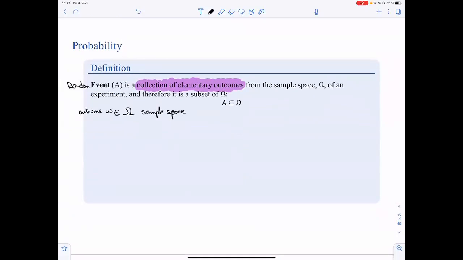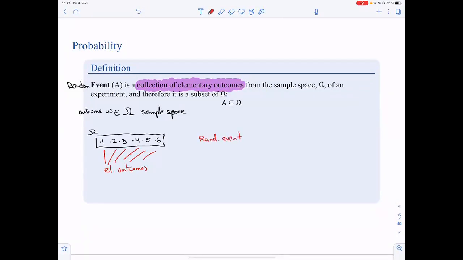Let's do some examples. Speaking of rolling a die, the sample space has 6 elements, and these 6 elements are elementary outcomes. Now I may introduce a random event A that says I want to get an even outcome.